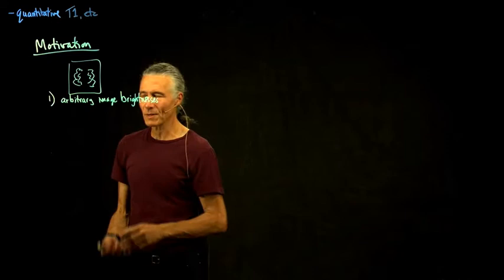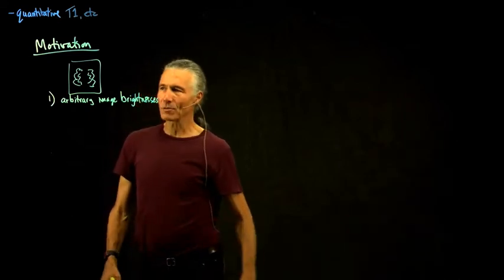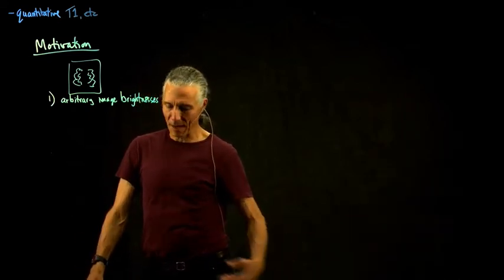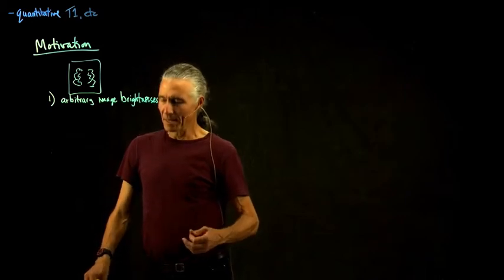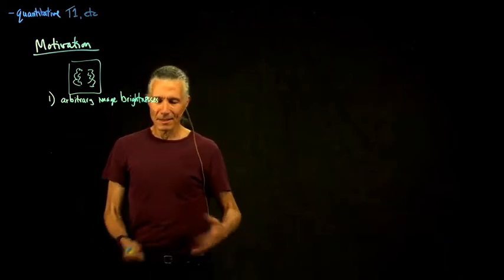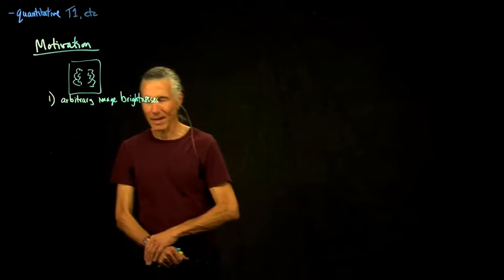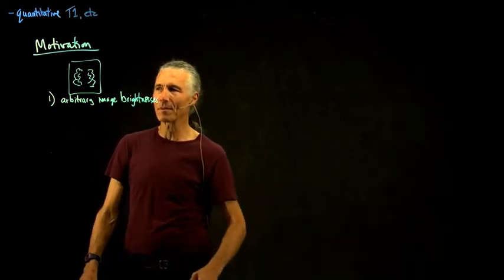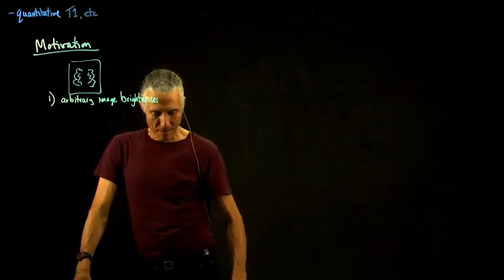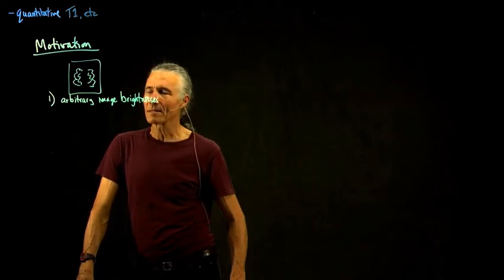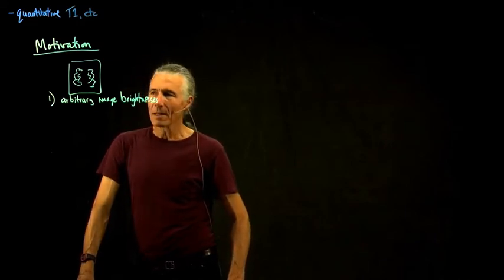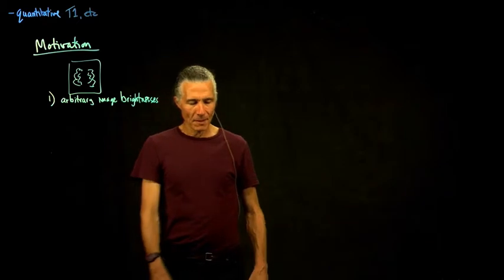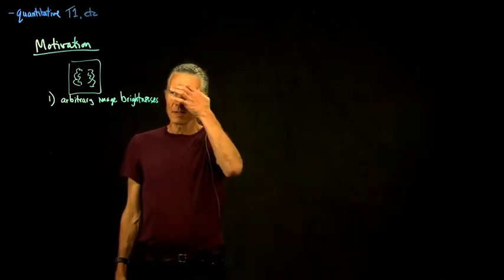There are all different kinds of things that can affect those numbers: the setting of the scanner, how the normalization of the analog to digital conversion was done on that particular day, how big your head is. There are a number of different things that can cause these numbers to vary.